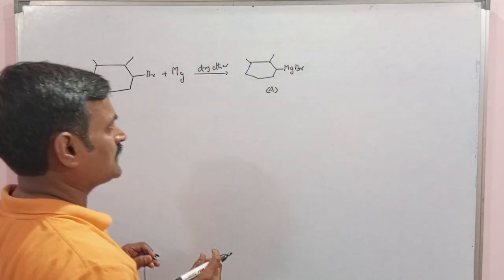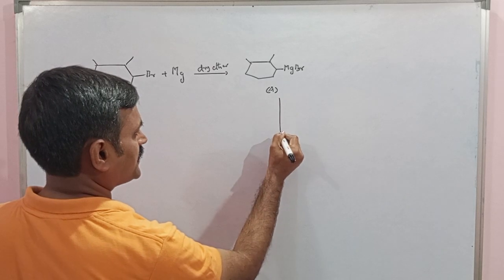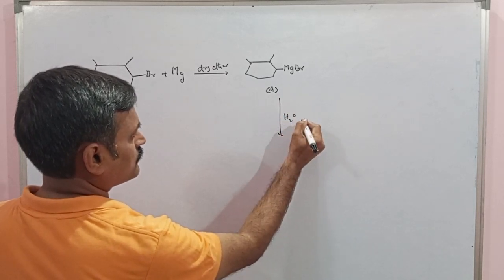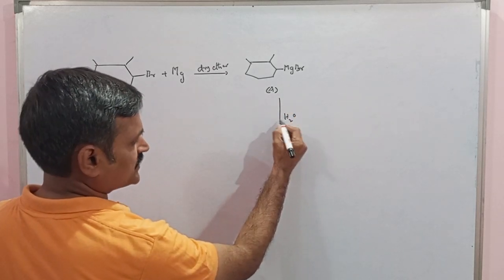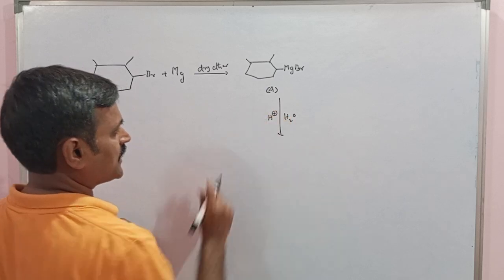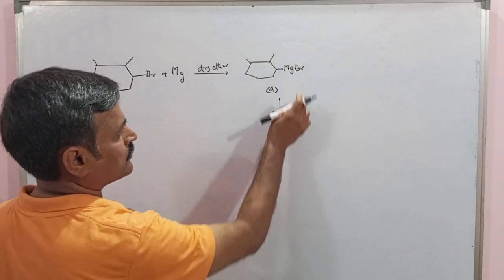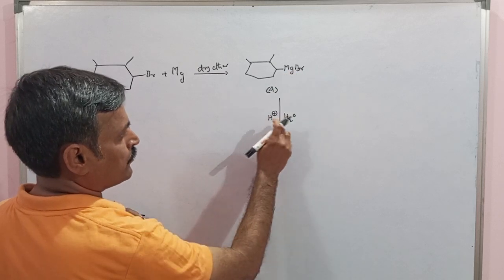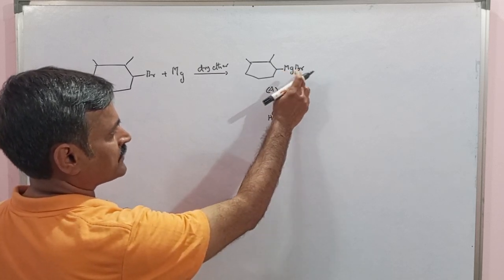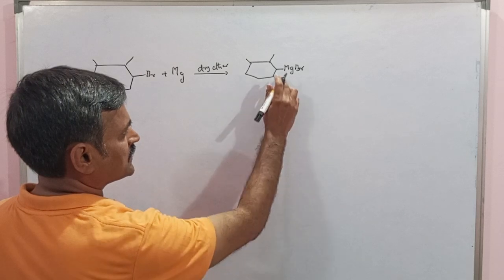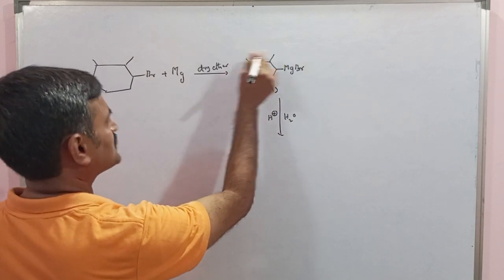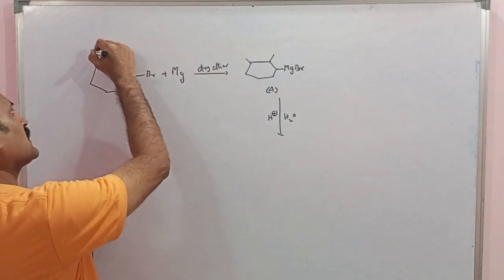Further, this one is treated with water in the presence of acid. That means acid hydrolysis is done. In this, the negative part of H2O will go along with MgBr, and the positive part will come here in place of MgBr. So this is hydrogen, and the remaining two are CH3 groups, already given from the beginning.